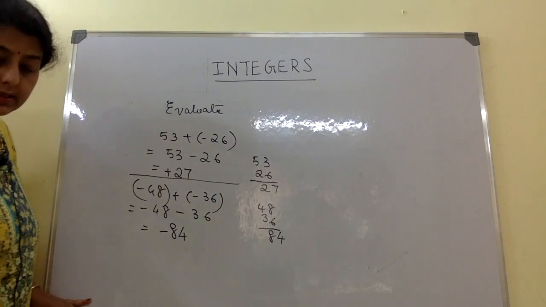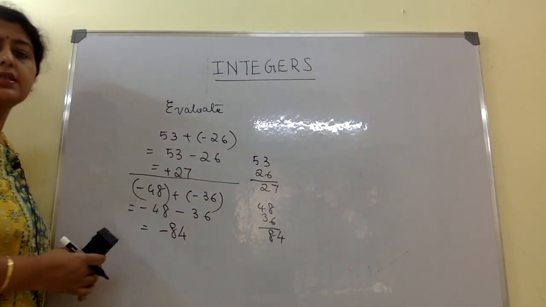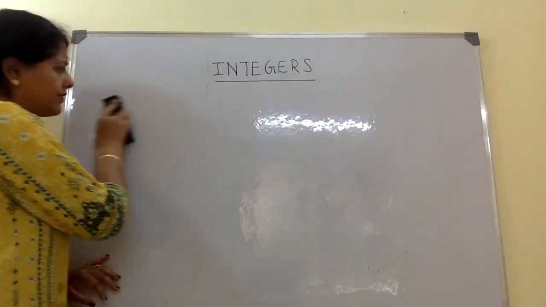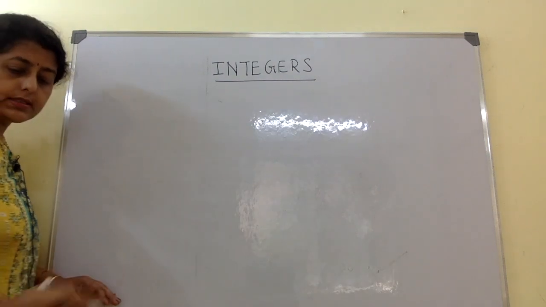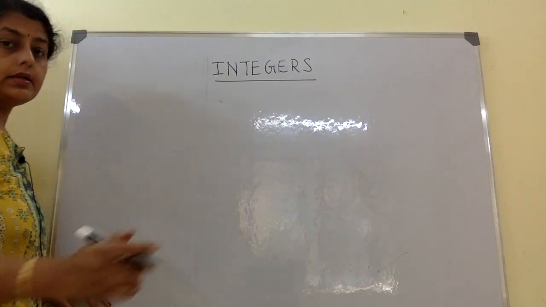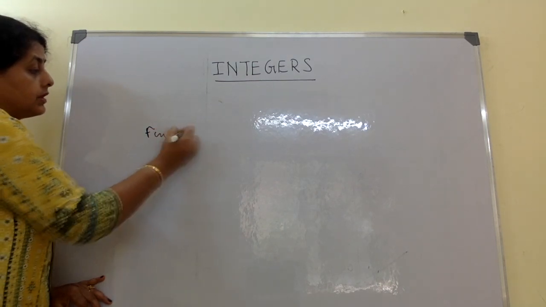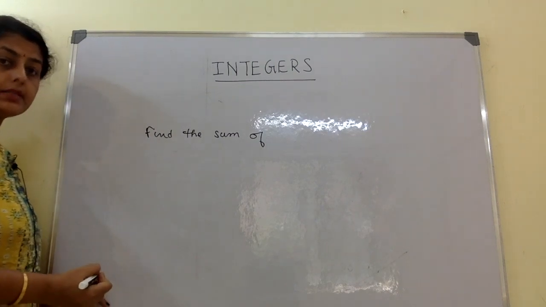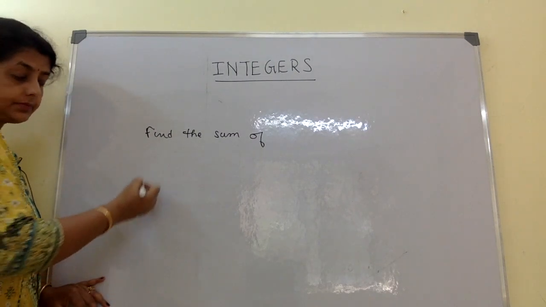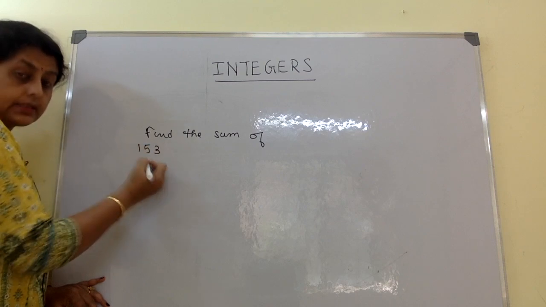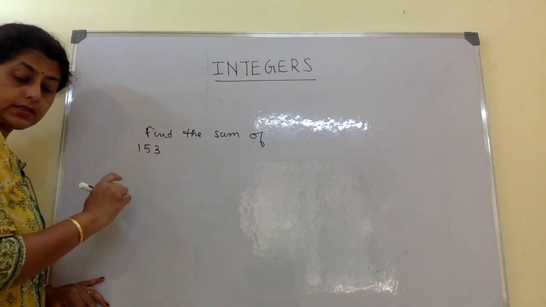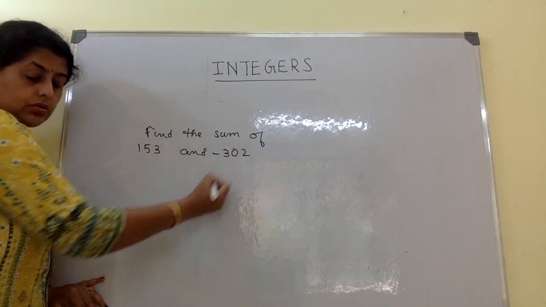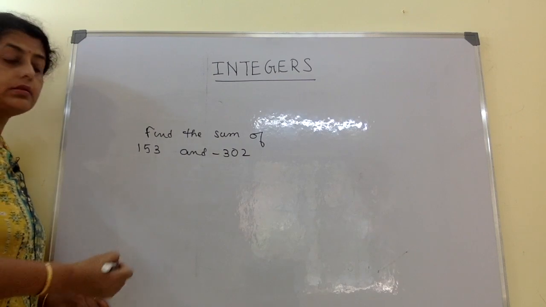Okay, now they are saying this sum, the language of the sum keeps changing, but the concept remains the same. Every time they'll put it in a slightly different way. Okay, but the concept remains the same. Now see, here they said find the sum of 153, this is the second sum from the first exercise of RS Agarwal, and minus 302.